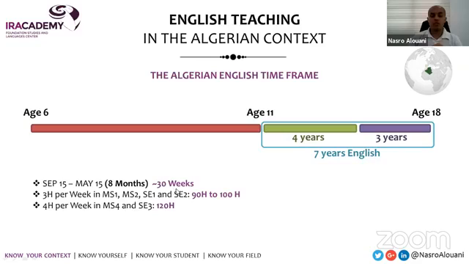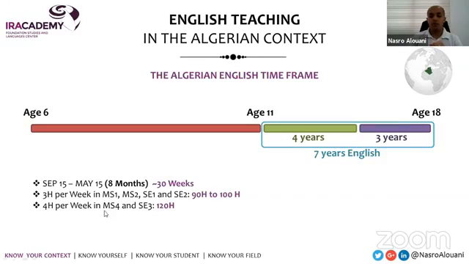In these 30 weeks, in the first year of middle school, second year, we find that students study approximately 100 hours of English, and that's equivalent to the European framework. I'm going to talk about that.